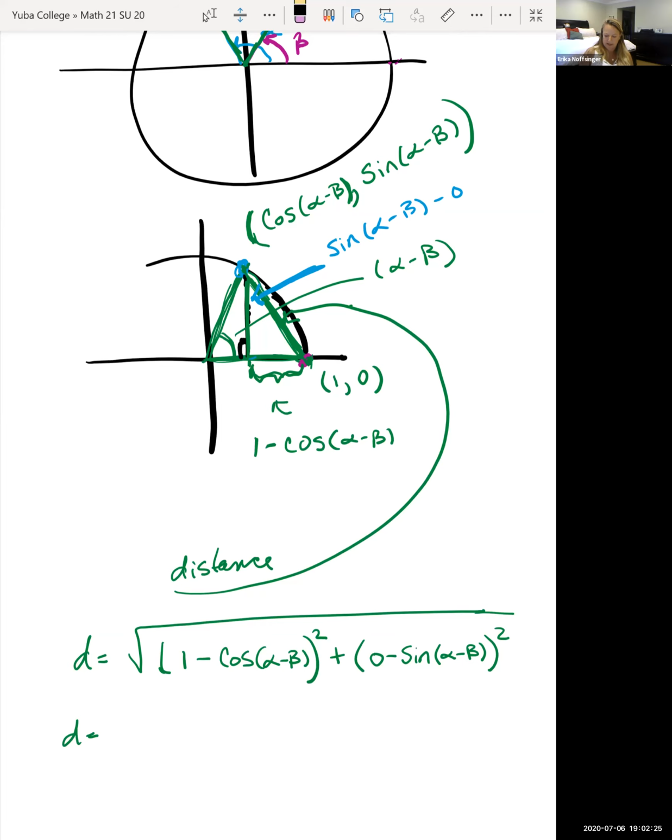So I really don't need that piece in there. Sorry, 1 minus cosine of alpha minus beta, which makes more sense to me. Okay, it's all coming together where I was missing this piece. This piece right here, my 1 minus this would give me this.